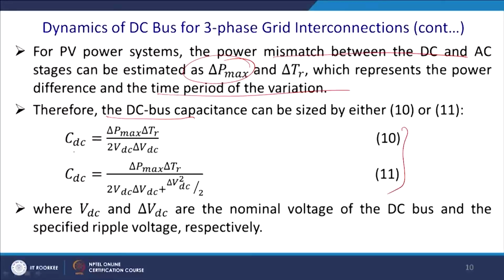Therefore, the DC bus capacitance can be sized as shown in this equation. So, that is the power maximum, that is I max into V max, or the I magnitude into V magnitude, into del TR for the duration where the power maximum has occurred, and 2 VDC into the ripple voltage of this VDC.